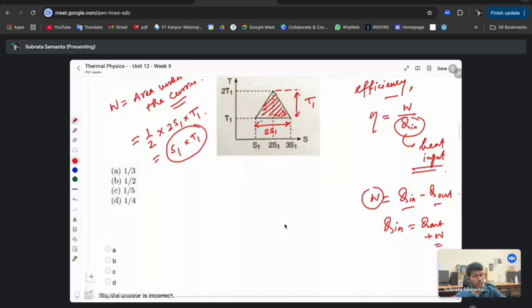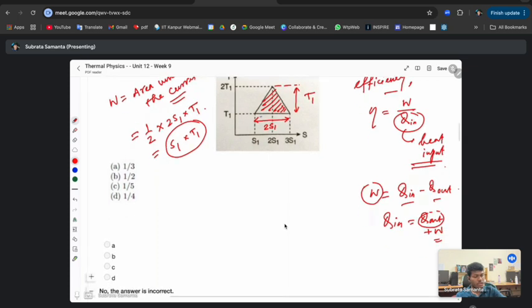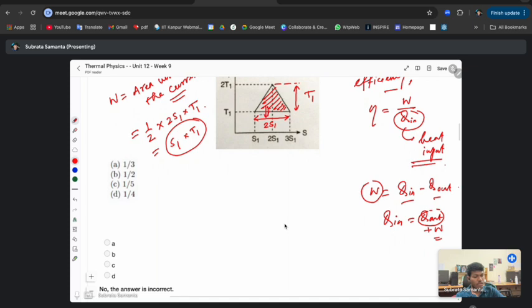W is S1 times T1, and what is Q out? Heat is rejected through this line, where the temperature is constant. So dq equals TdS. Here the temperature is constant and the entropy changes, so that's why dq changes.